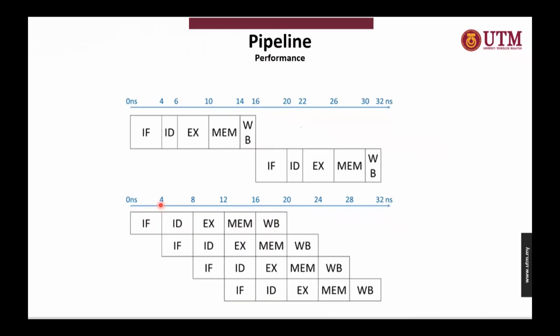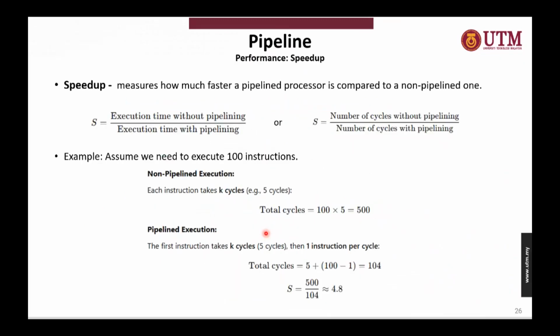Find the maximum time for the stages, and normalize it for each of the stages. Example: this is to calculate the speed up, which measures how much faster a pipelined process is compared to a non-pipelined one.